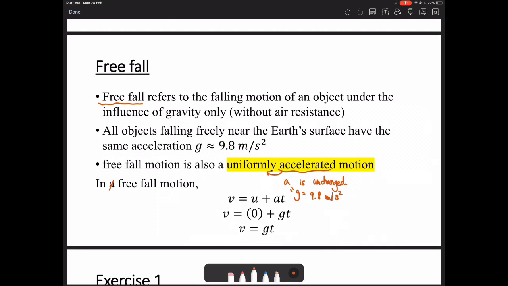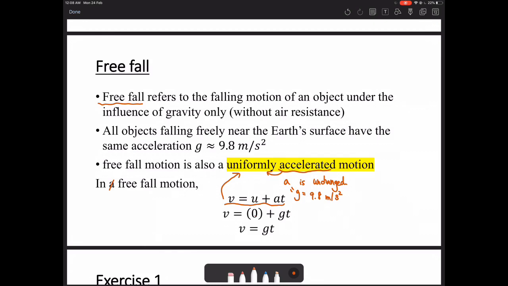In free-fall motion, we have this equation from uniformly accelerated motion: our final velocity equals initial velocity plus a times t, that is v = u + at. In free-fall motion, since the moment you drop this object its velocity must be zero, our initial velocity must be zero.